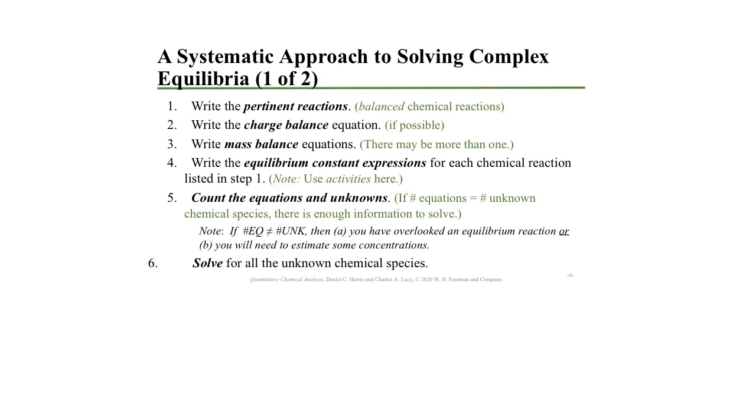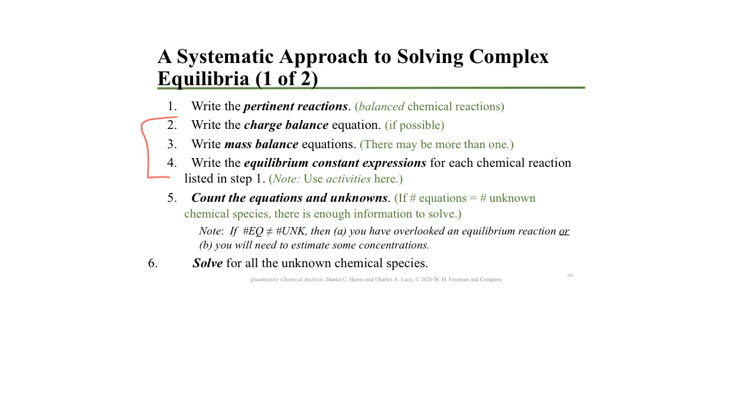Again, you have to write all the pertinent reactions. You have to write charge balance. You have to write a mass balance. And then write all of the equilibrium constant expressions, okay? These 3 things, 2 through 4, you count the equations and you count the number of unknowns.